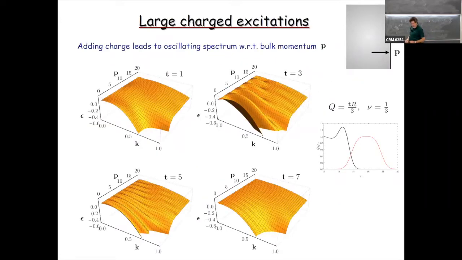If I put a charge excitation, then there is a non-trivial dependence on momentum. There is some fluctuation that extends in the energy spectrum, some fluctuation that appears inside the droplet as a function of the momentum orthogonal to the droplet. Some fluctuation appears but then disappears as I increase the charge. So what do I make out of this?